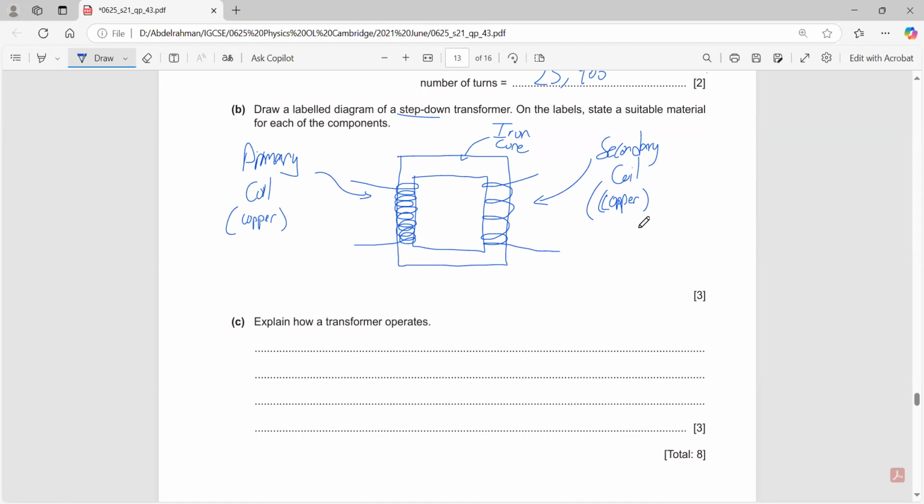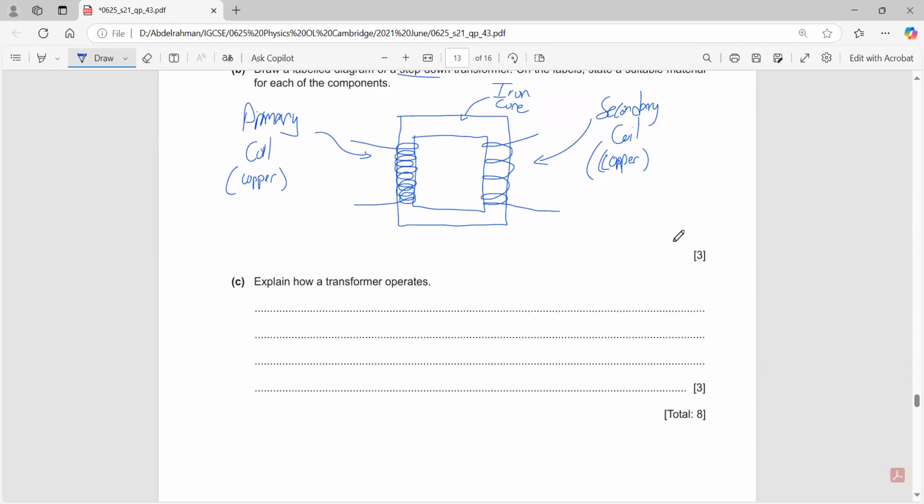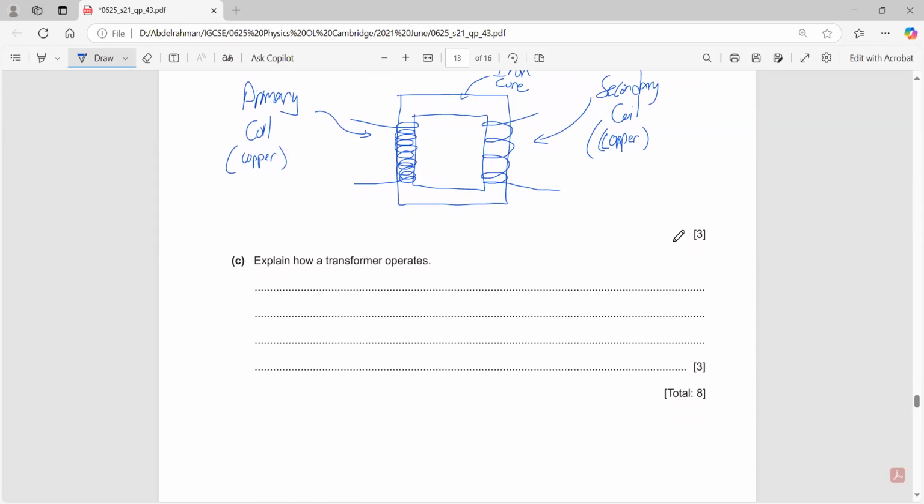Explain how a transformer operates. That's easy. How does a transformer operate? We kind of memorized the steps or the operation of any transformer. First of all, you need an AC, right? You need an alternating current in the primary coil. What does it do?